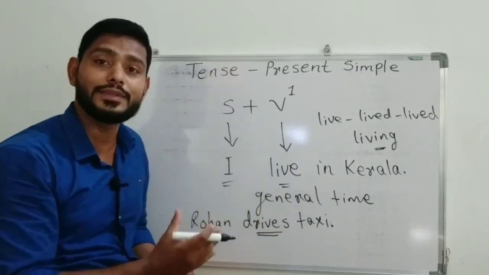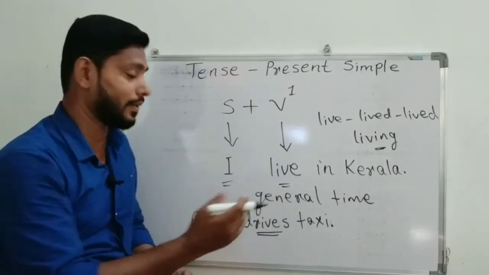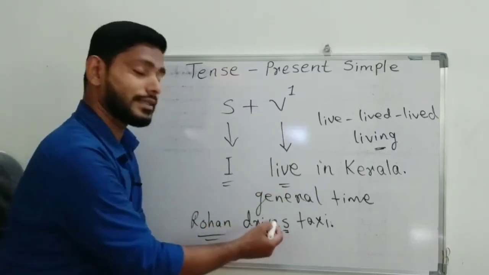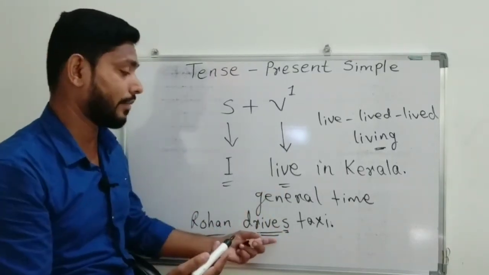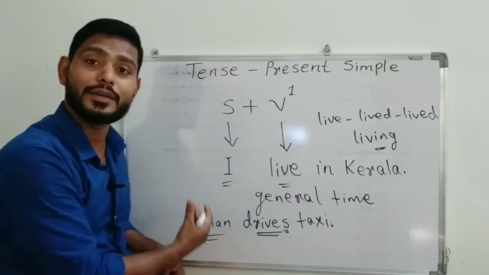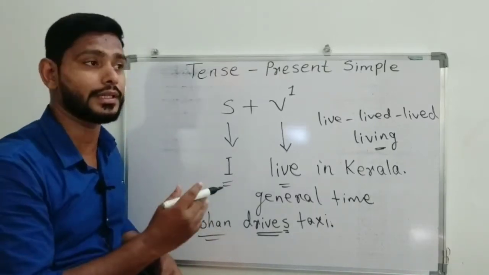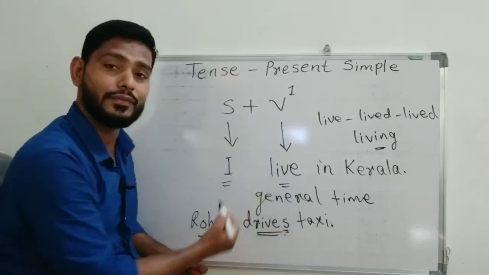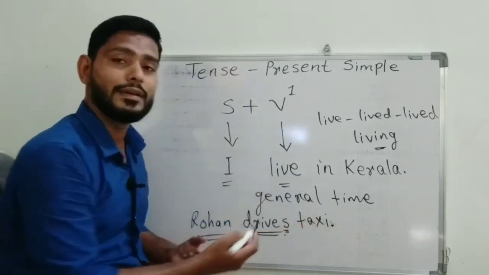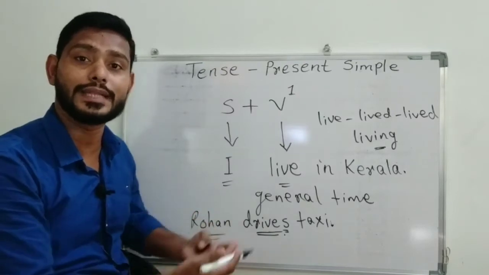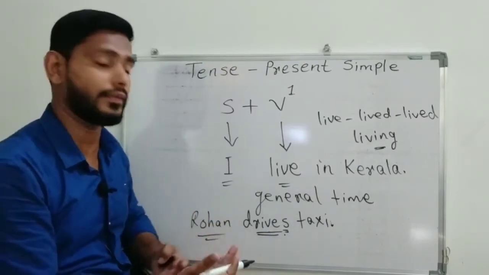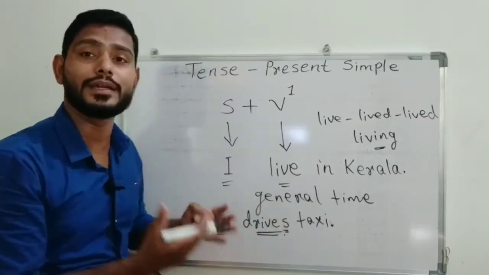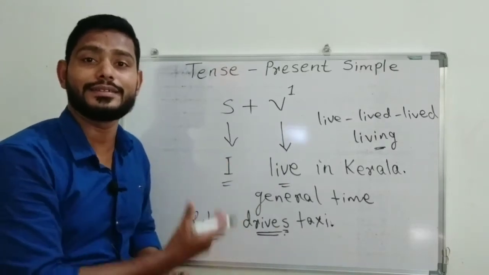If the subject is third person singular, we have to add s or es at the end of the verb. So here Rohan is a third person singular. Let's talk about a person, okay, and singular, that's why we added s at the end of the verb. Rohan drives a taxi because he's a taxi driver and it is his daily work and his profession. That's why it is commonly said in general time.